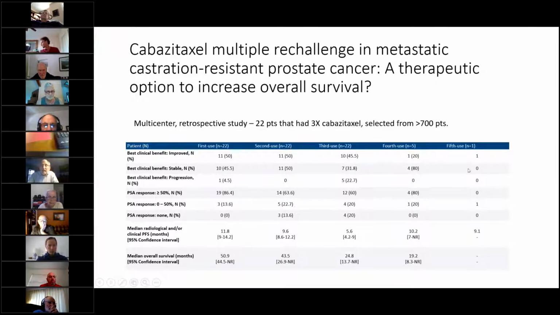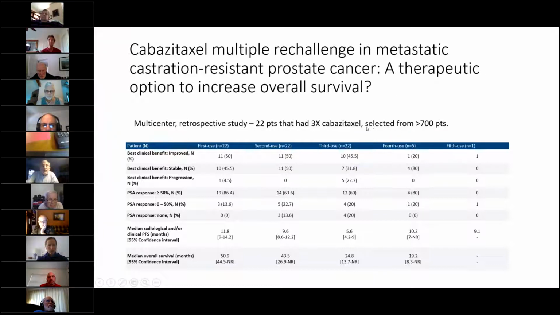And basically, even in the fourth use of cabazitaxel, and these are cycles of cabazitaxel with breaks in between looking for PSA, they're getting a response.